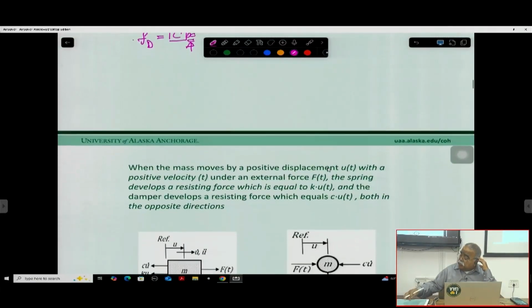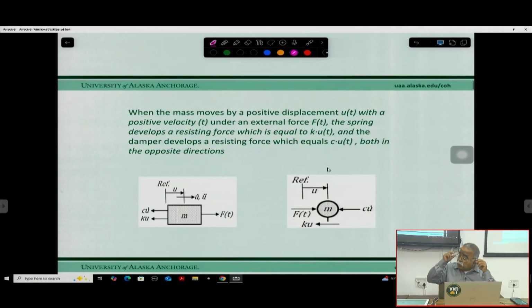If you introduce that, then on this side it was earlier Ku, and there is another force, the damping force, Cu dot, present here. So we have a reference model where this model will have a displacement of u, and from this side there is a damping force, and this is the friction force.